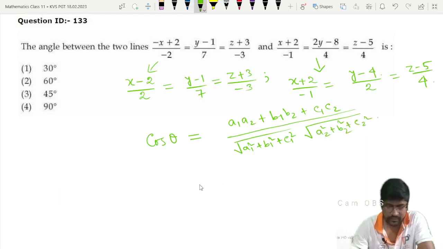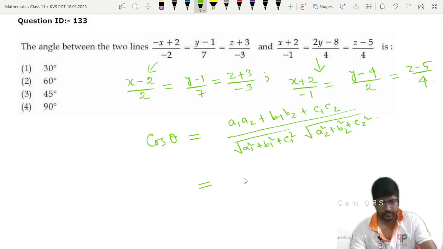This was the original formula, and now we will put the values of a1, b1, c1 and a2, b2, c2 to calculate.